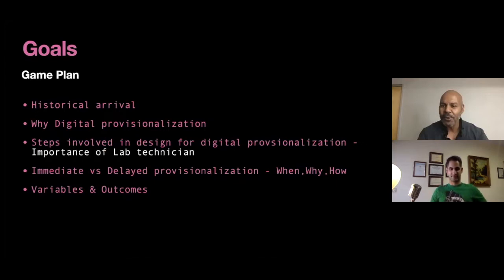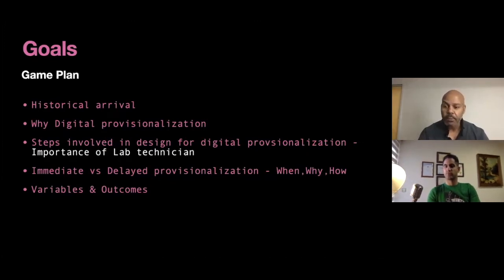The historical arrival of where I got to in the soft tissue development, why digital provisionalization, the steps involved in the design, and really critical, the importance of a lab technician. Many of you have an inside lab or you outsource, but that lab technician's knowledge is very critical in this provisionalization. We want to look at immediate versus delayed, why, when, how, and variables and outcomes.